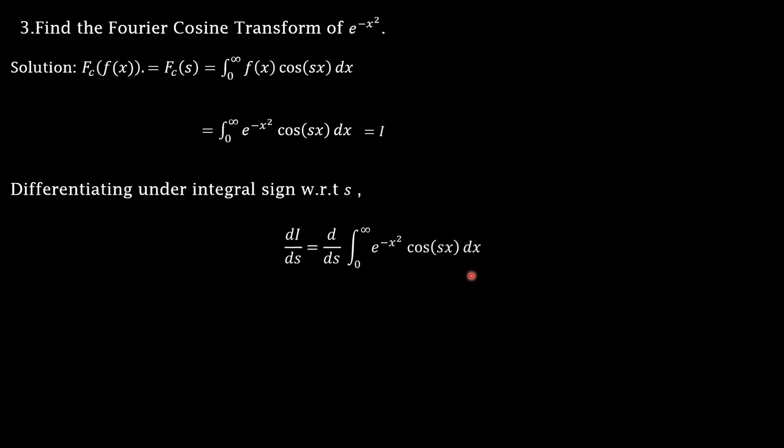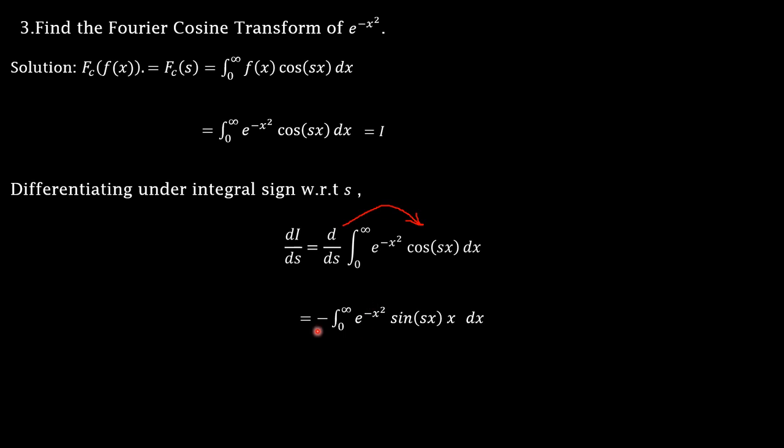Since the integration is with respect to x and the differential operator is with respect to s, I can easily take this differential operator inside the integration, so that the above equation reduces to the form integration 0 to infinity e to the power minus x square. And what is the differentiation of cos sx, students, with respect to s?